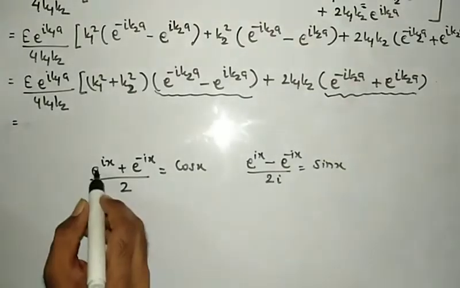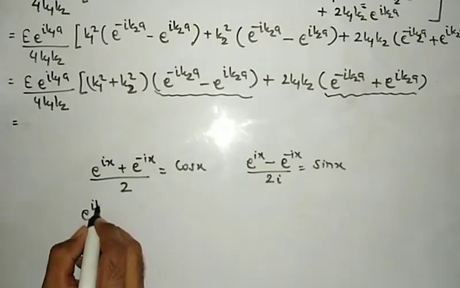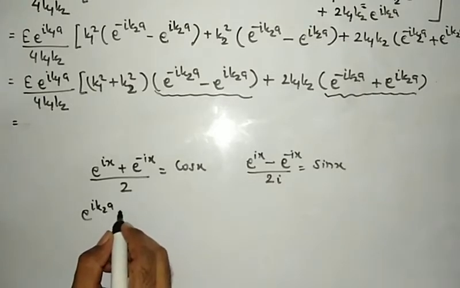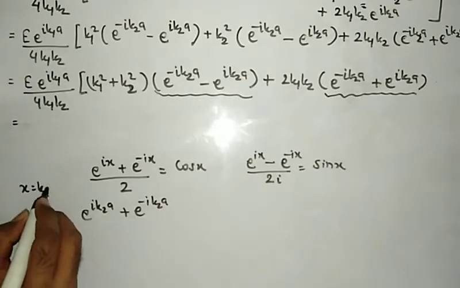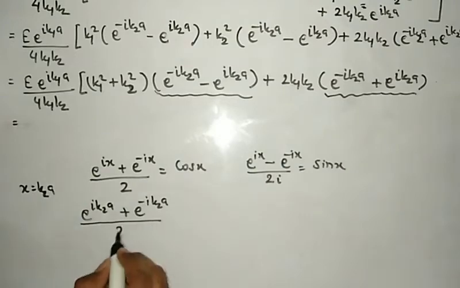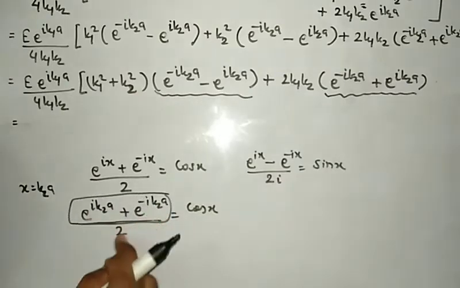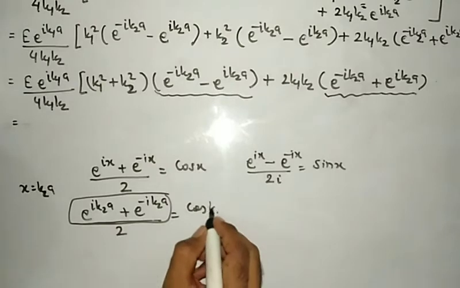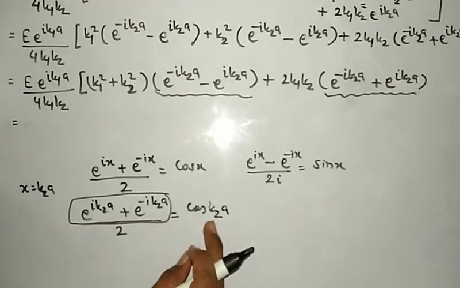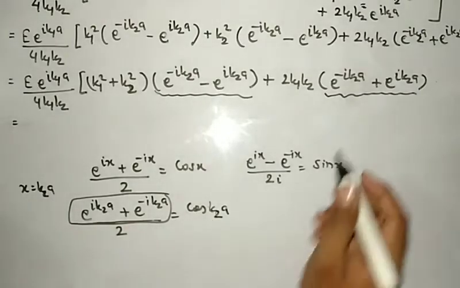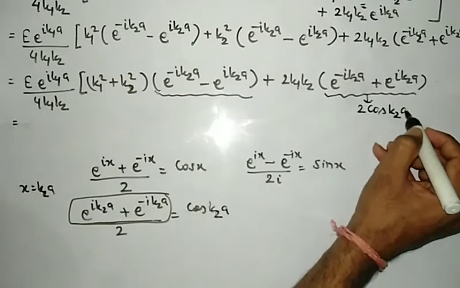Okay, so finding here, e to the power i k2 a plus e to the power minus i k2 a, suppose the value of x is k2 a, by 2 is equal to cos x, it means that this quantity will give us 2 cos k2 a, because x is k2 a. So this will become 2 times cos k2 a.